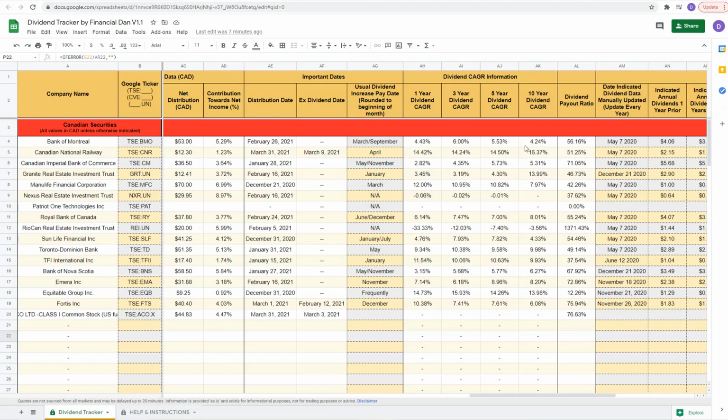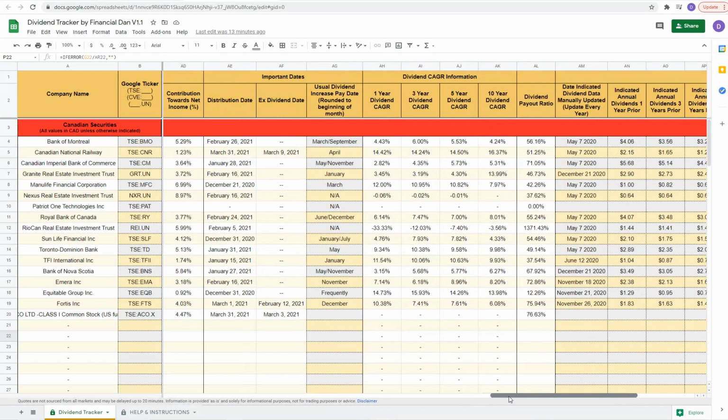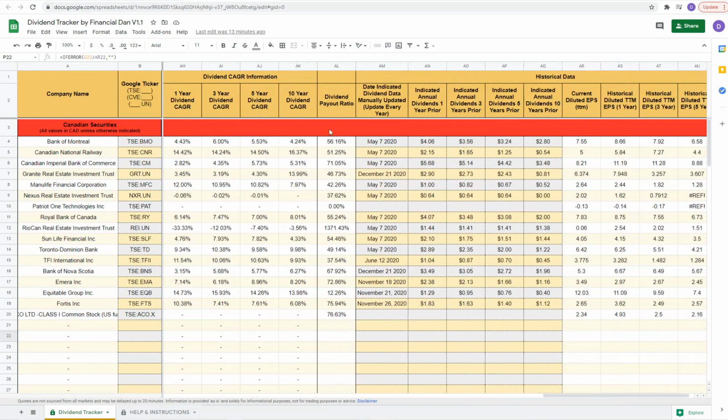The next group of cells will just give you the dividend CAGR, or the compounding annual growth rate of your dividends for each individual holding. And how that works is they reference these cells over here that are just on the other side of this column that indicates your payout ratio. But these fillable cells, they're actually fairly important.